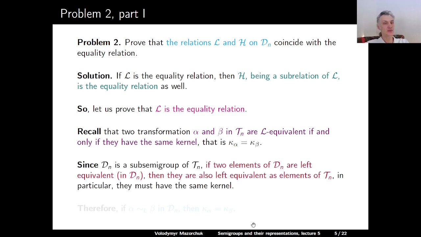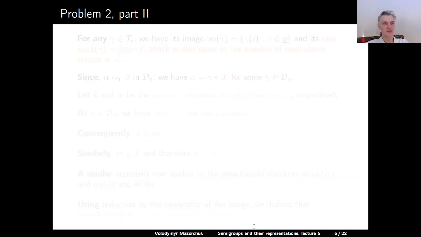Since Dn is a subsemigroup of the full transformation semigroup, if we have two elements of Dn which are left equivalent, they are also left equivalent as elements of the bigger semigroup Tn. So in particular, they must have the same kernel. So if alpha and beta in Dn are left equivalent, then for sure the kernel of alpha is equal to the kernel of beta.